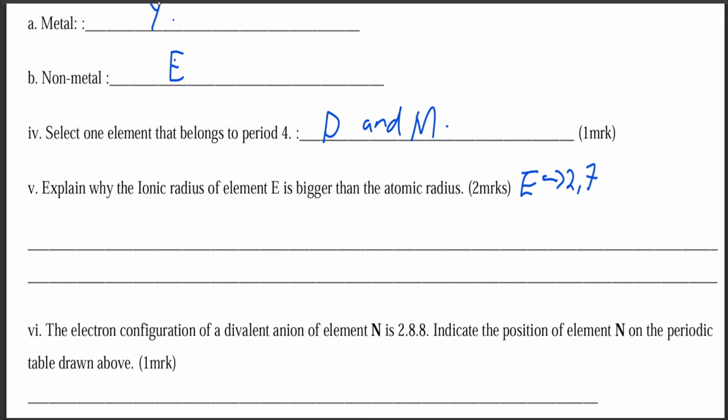Kama ni ion yamaanisha ita gain electron to become E minus, and therefore is going to become 28. So originally hii ni atom, hii ni ion. Originally ilikuwa ni 9 protons and 9 electrons. So kulikuwa na attraction. But sasa hii kwa vile imegain electron, itakuwa sasa 9 proton versus 10 electron.